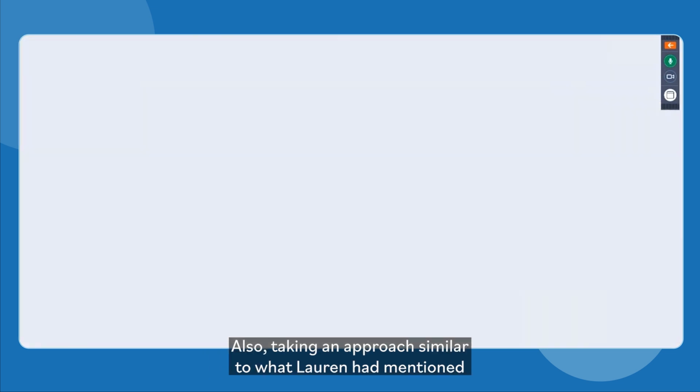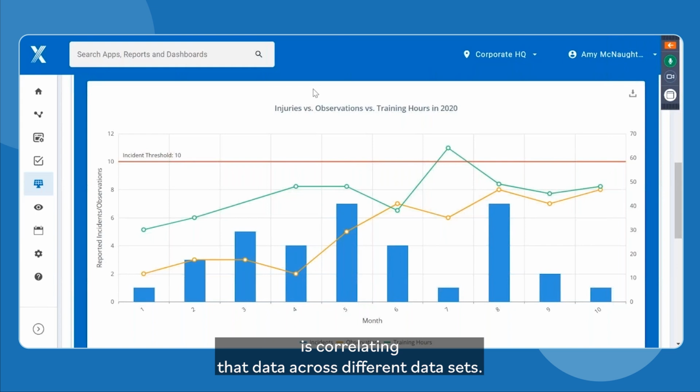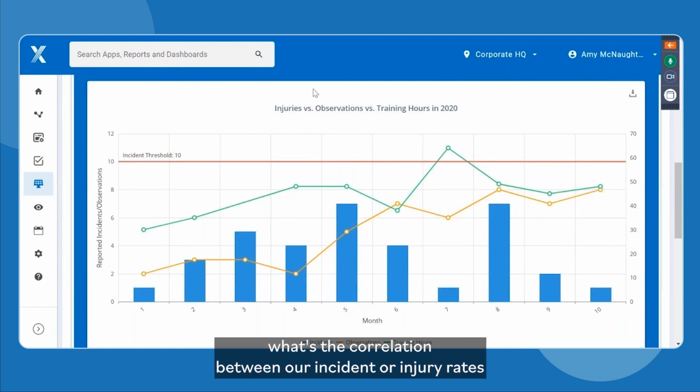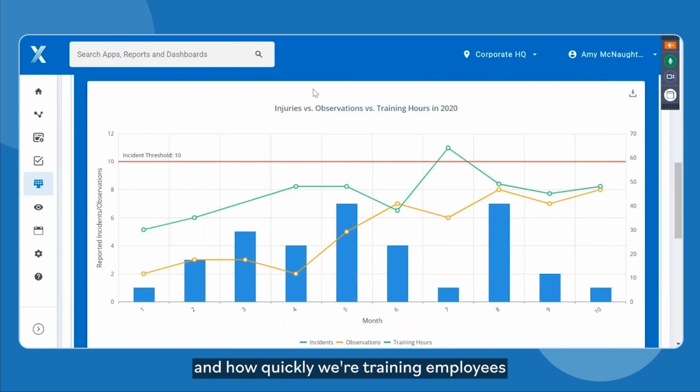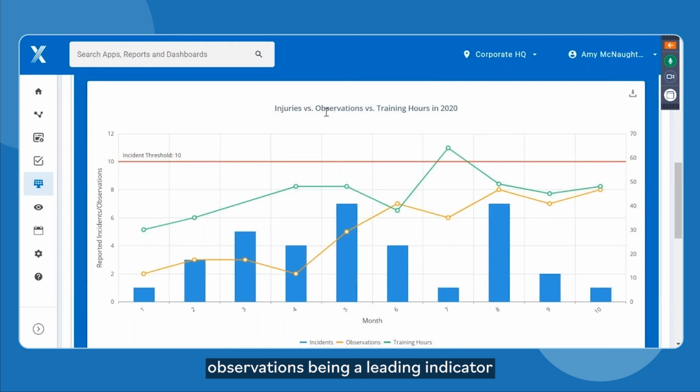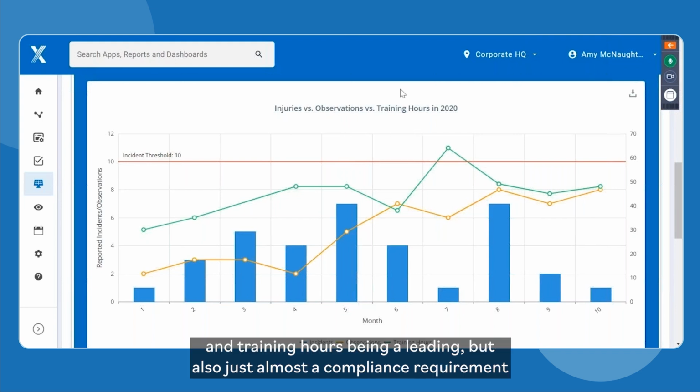Also, taking an approach similar to what Lauren had mentioned is correlating that data across different data sets. She used the divorce and margarine. But if we want to look at, say, what's the correlation between our incident or our injury rates and how quickly we're training employees, or against how many leading observations we're having. So we have injuries being a lagging indicator, observations being a leading indicator, and training hours being a leading but also just almost a compliance requirement.